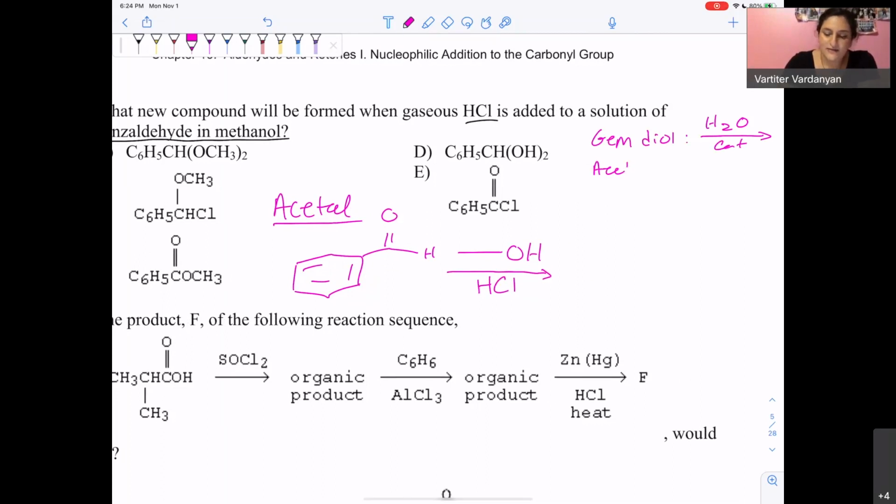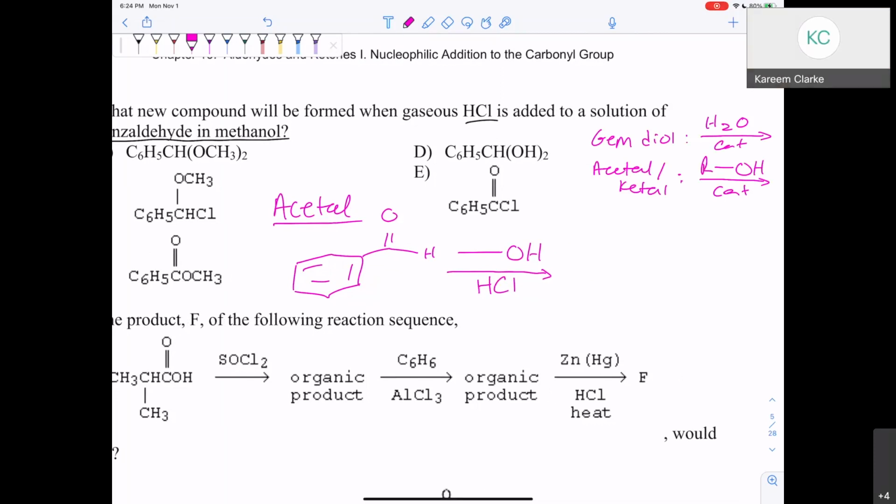And then the acetal ketal is an alcohol with a catalyst. Thank you. You're very welcome.